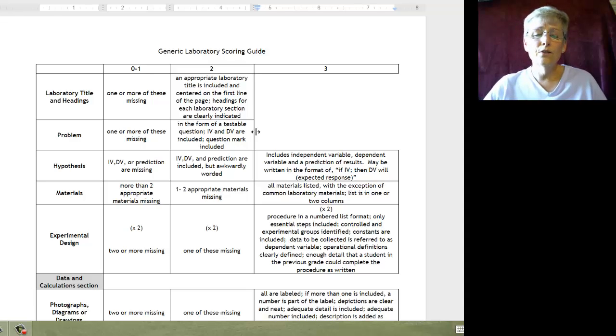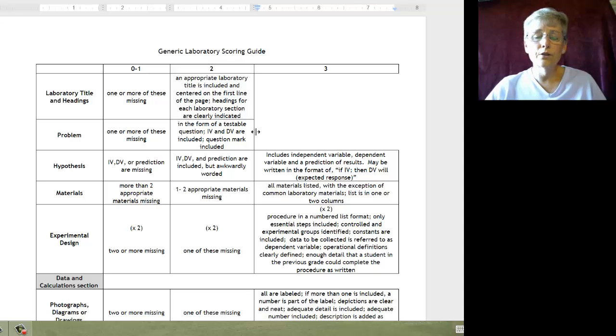So one way that you can do this is say, set up the control group as follows. So number one, set up a control group as follows, and then underneath that have an A, B, C, and D, how you want that set up. Make sure that you've got constants included, so make sure you say same water, use the same beaker, use the same graduated cylinder, use the same petri dishes.